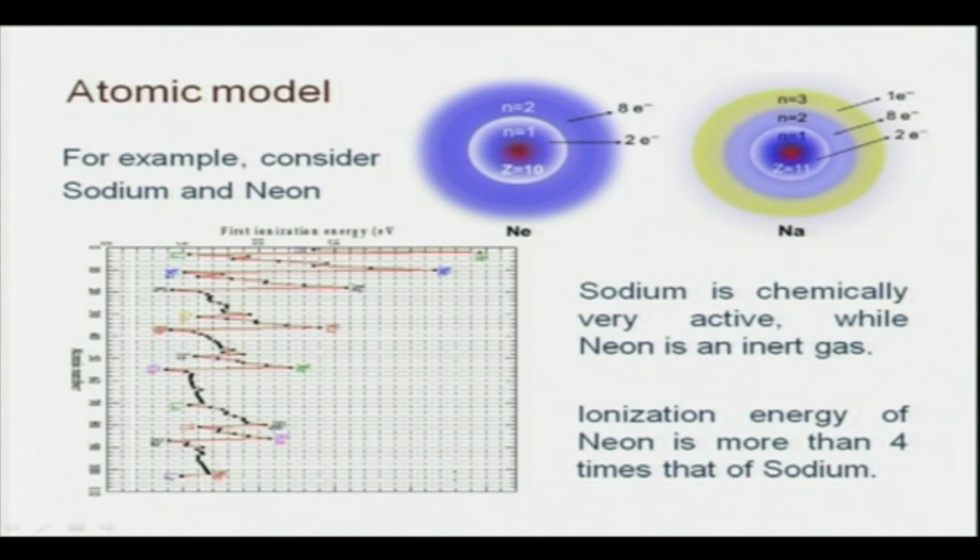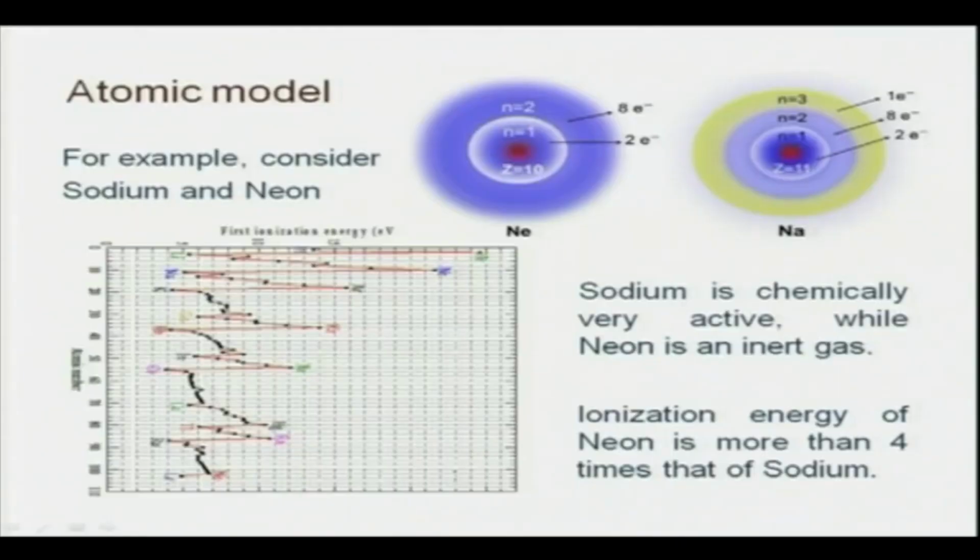And further on, argon completely fills n equal to 1, n equal to 2 and n equal to 3, and there are no more electrons. So, it is also an inert element, and its ionization energy is also large.